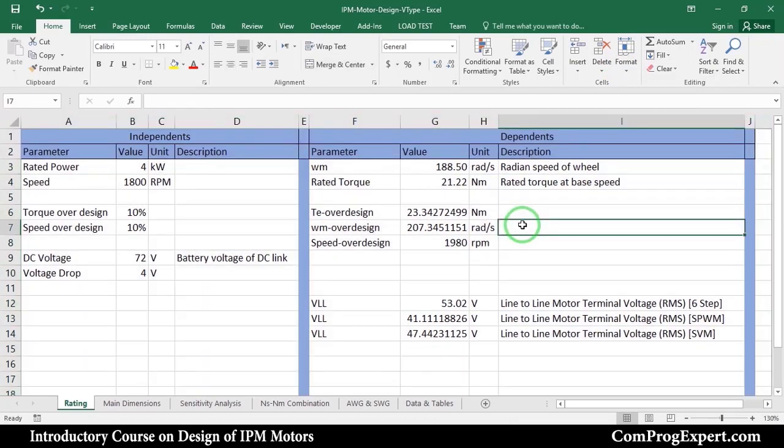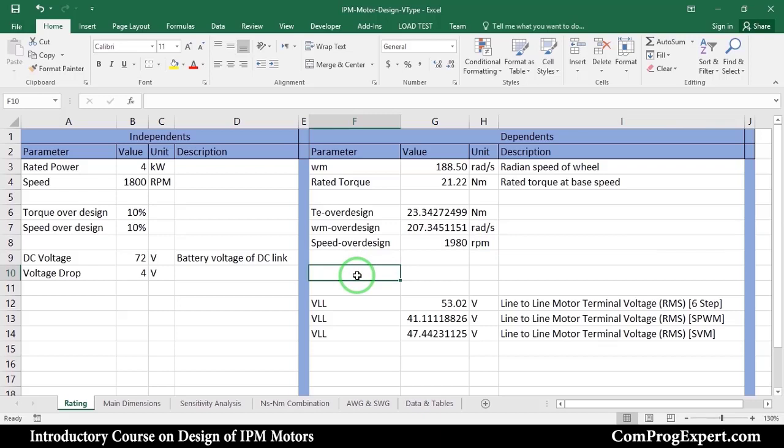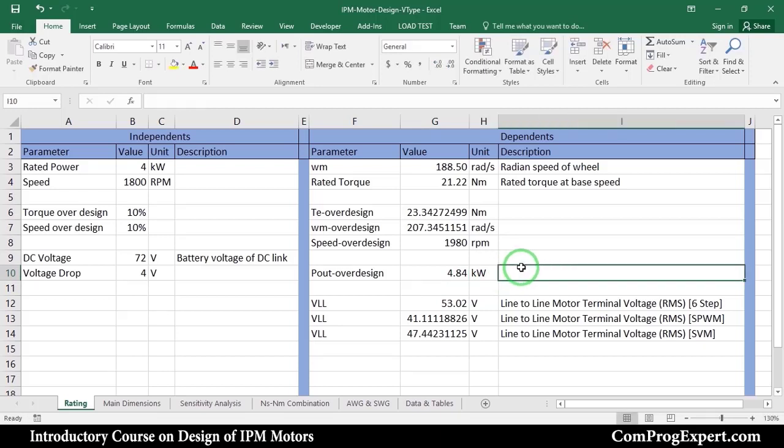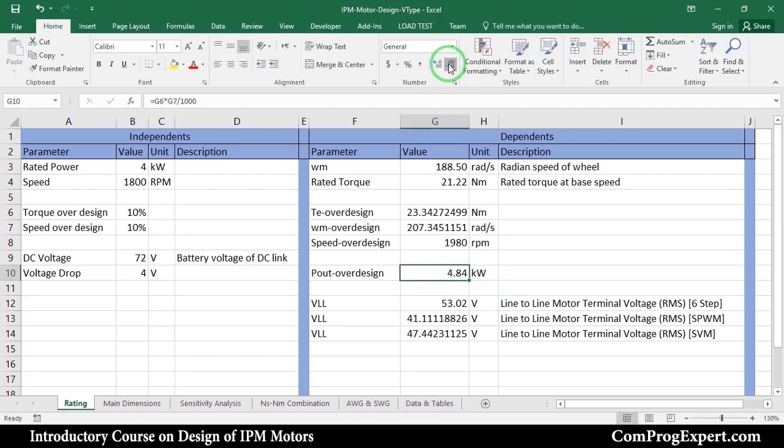Okay. The output power in our design case is equal to T times omega m in our design case. This is in watts, so I should divide this by 1000. So this is kilowatts. You can increase the precision here.